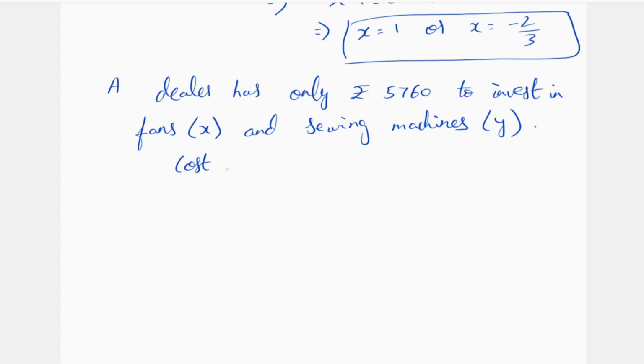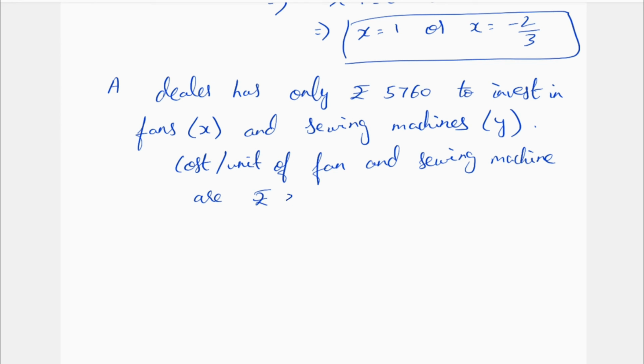Cost per unit of fan and sewing machine are rupees 360 and rupees 240 respectively.